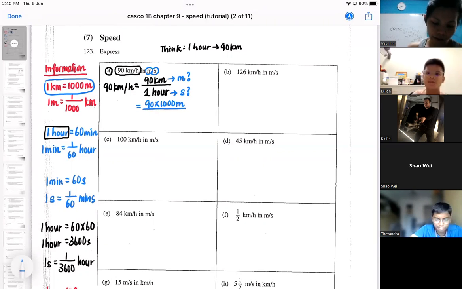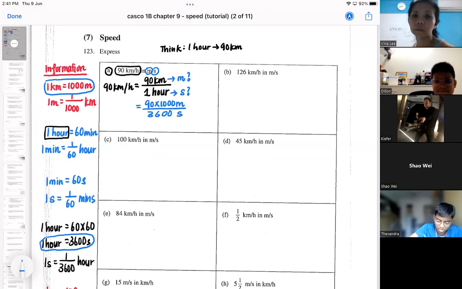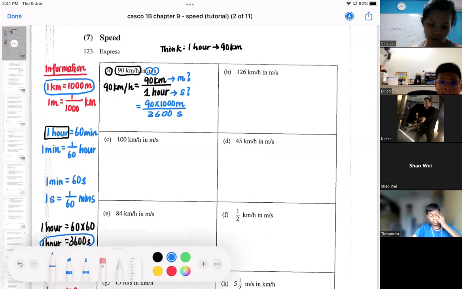And the denominator is this part here, 3600. You convert the numerator to the units that you want, and you convert the denominator to the units that you want.